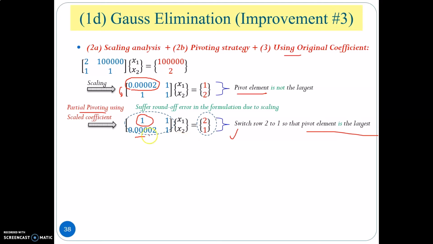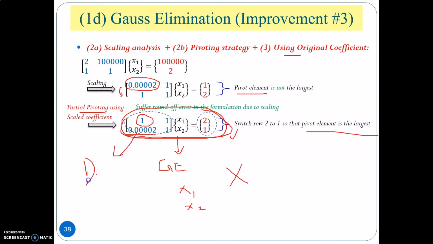In the previous example, we directly continue from this formulation and perform the Gaussian elimination in order to solve the x1 and x2. This is not recommended because when we use the formulation here, which involves the scale coefficient, as you can see, after the scaling, you need high decimal places or significant figures in order to retain the accuracy of the number.